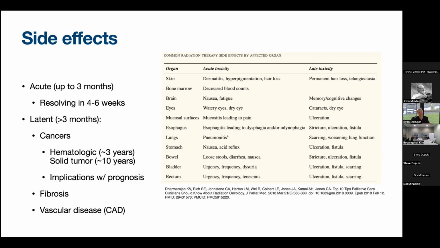And then 10 years out from radiation therapy is when we start to see more of an increase in solid tumor recurrence or new solid tumors as a result of the radiation. You can also get fibrosis that develops, especially in the lungs. Pulmonary fibrosis is one that is particularly delayed because it starts to change some of the cells towards fibroblasts, and then also vascular disease like coronary artery disease.